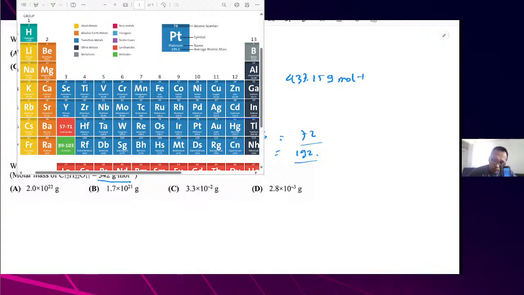The question is, what is the mass of the carbon present in the sample?